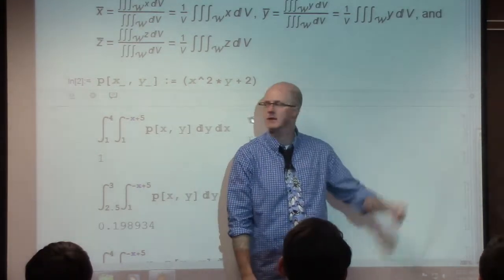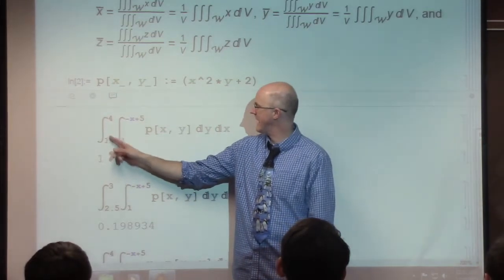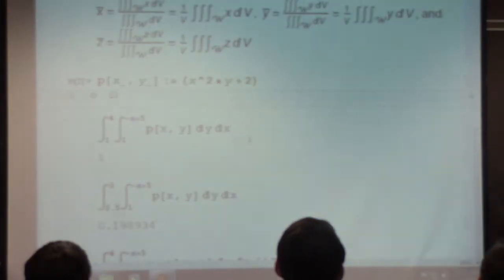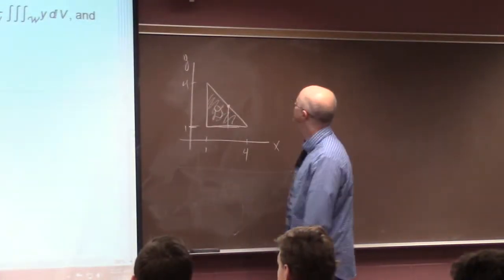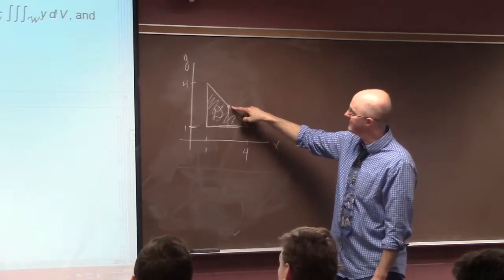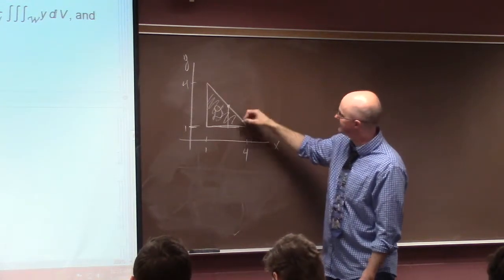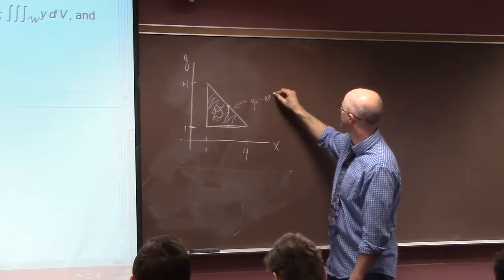I could do it as horizontally simple too. If I treat it as vertically simple, x goes from 1 to 4, and for each x between 1 and 4, y goes from 1 up to the second coordinate of that point, which in terms of x is negative x plus 5. This line here is y equals negative x plus 5.